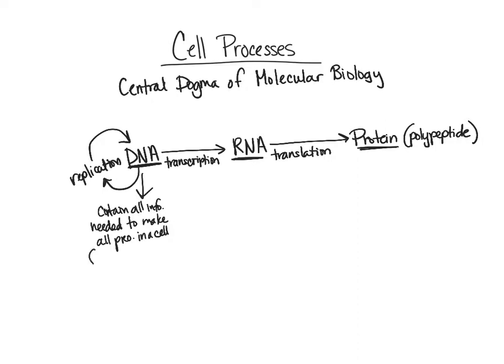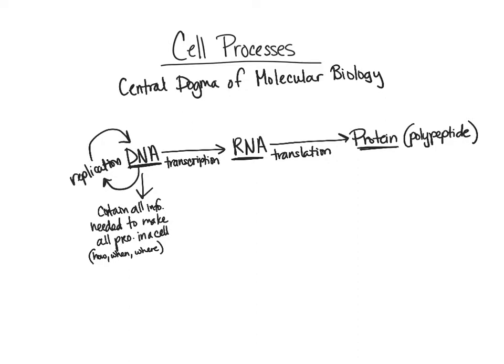It also holds all of the information for how to make those proteins, when to make those proteins, where to make those proteins. So all of the information on everything to do with the cell, proteins, how, when, where, all of those things is encoded in DNA.